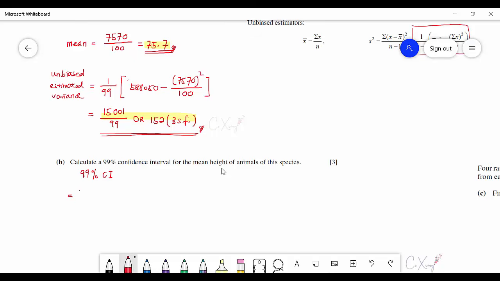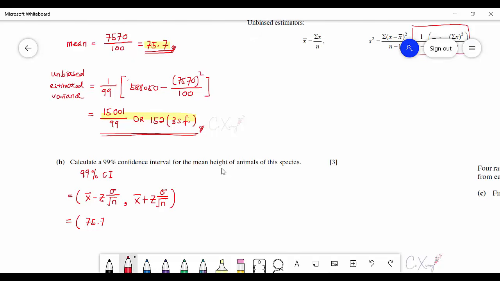The formula will be x̄ minus z, then you take the standard deviation over square root n. So the upper limit is the sample mean plus z, then sigma over square root n. So this is actually the formula for the 99% confidence interval. Okay, and then you substitute in all the values here.